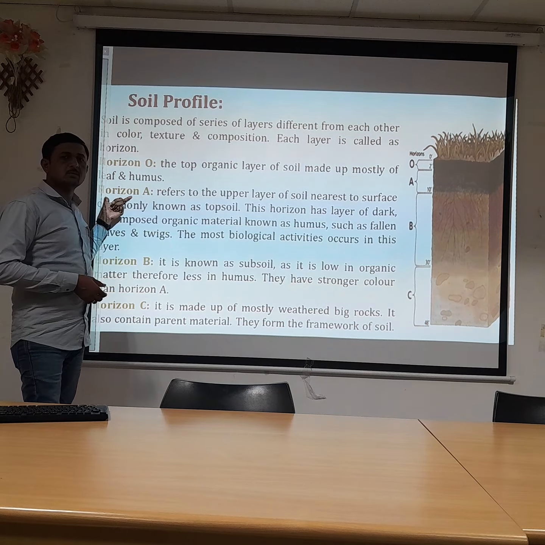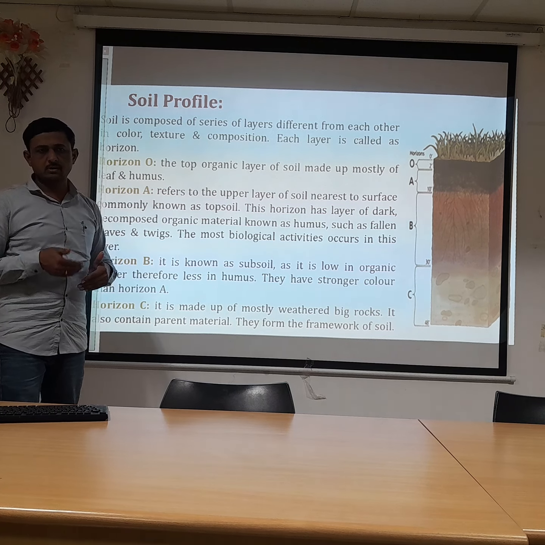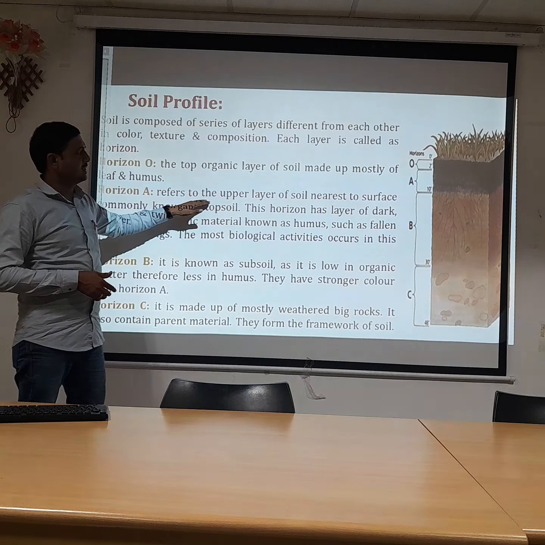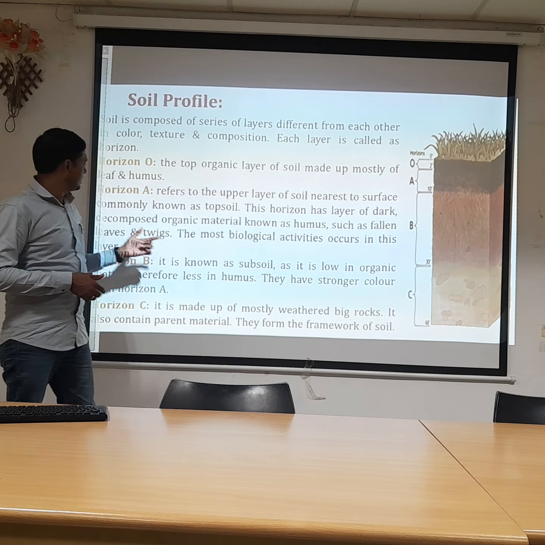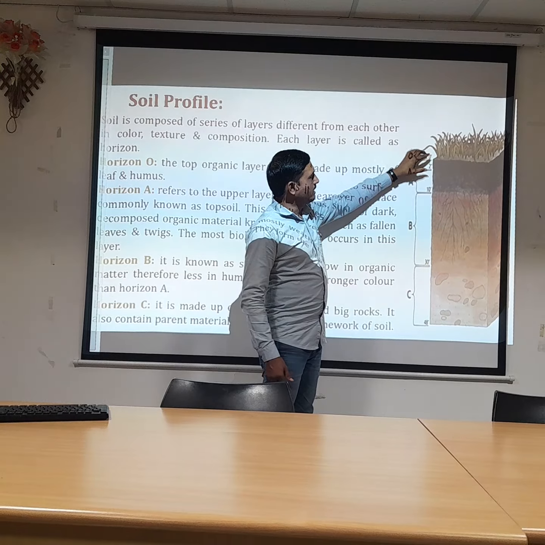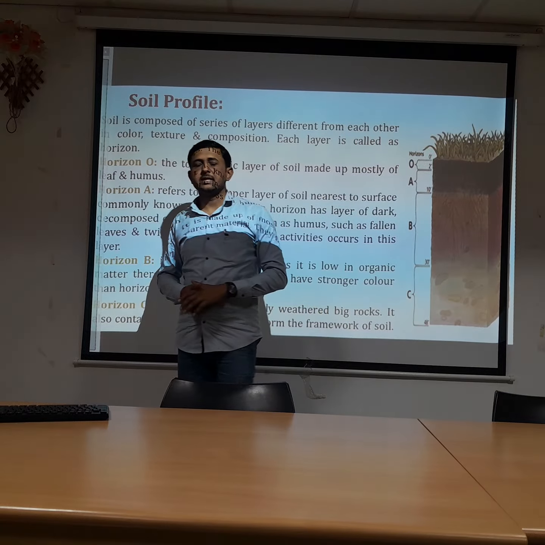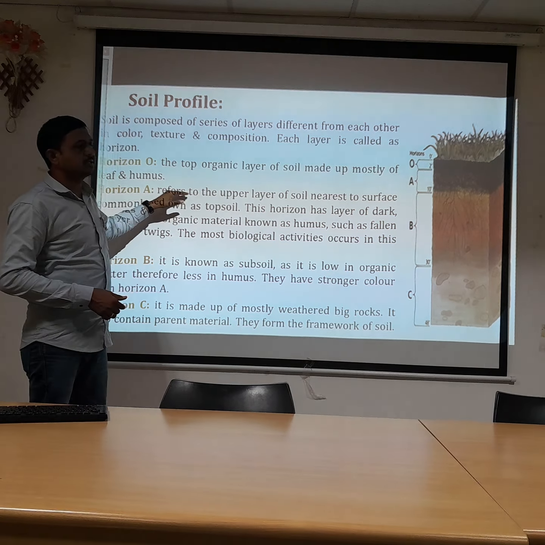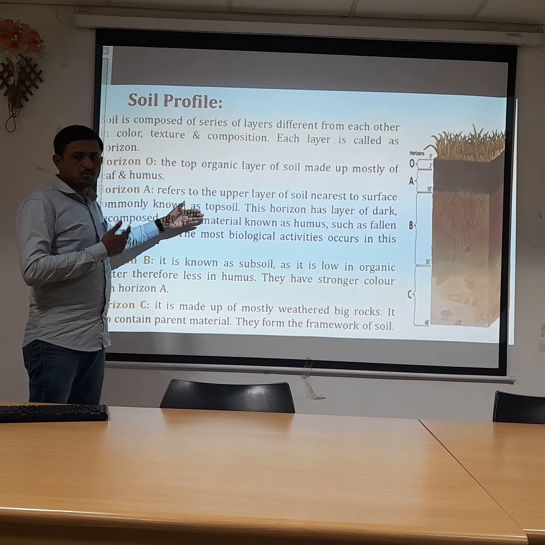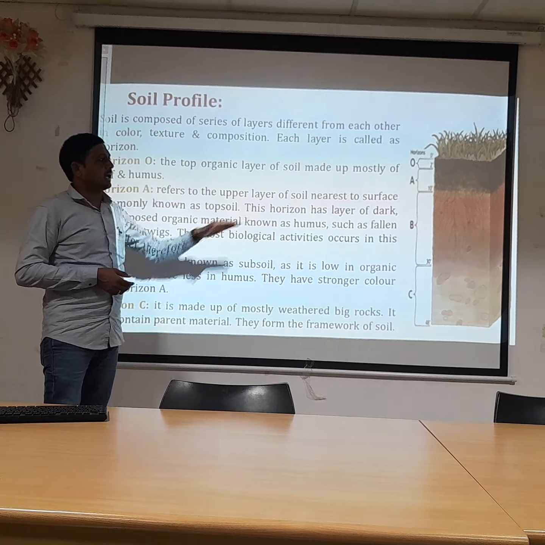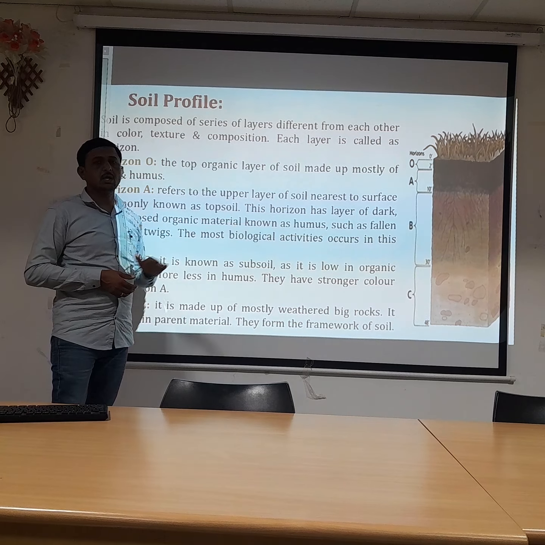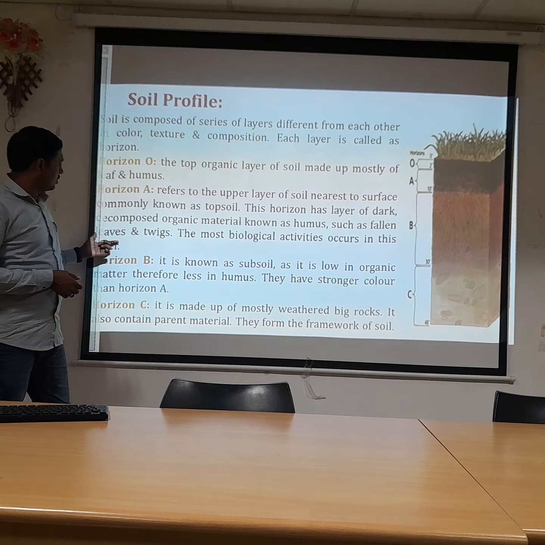The next layer, as we move down towards the earth crust, is horizon A. Horizon A refers to the upper layer of soil nearest to the surface, commonly known as topsoil. In the diagram we can see it below horizon O. This horizon has a layer of dark decomposed organic material known as humus, such as fallen leaves and twigs.